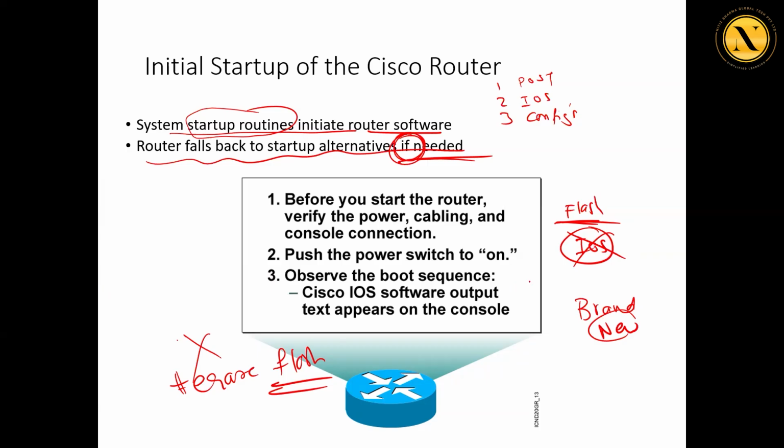Anyway, first is flash. Second, if it doesn't get there, then it will automatically try to download from some kind of network server, right? TFTP server, whatever. If the network server is not reachable or there is no file on the network server, then it will get into the ROM.